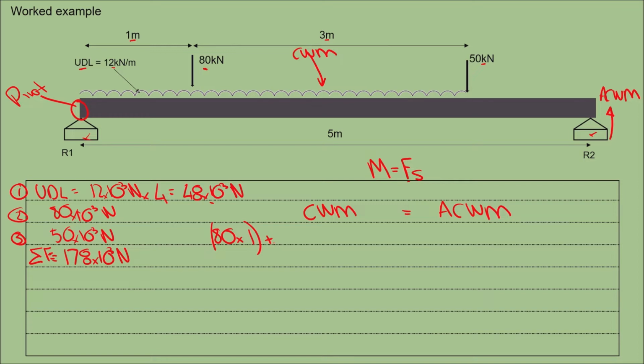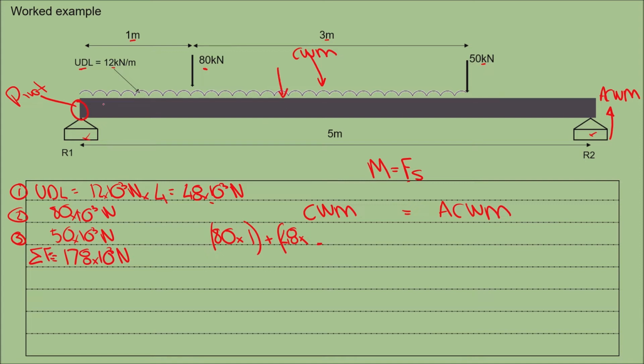Next, I'm going to add my next force, which for this one is the 48 kilonewton force, 48 times kilonewton, and I'm going to multiply that by a distance. The distance I've not decided yet, but as you remember from our previous classroom sessions, we're going to take our UDL and turn it into a point load.